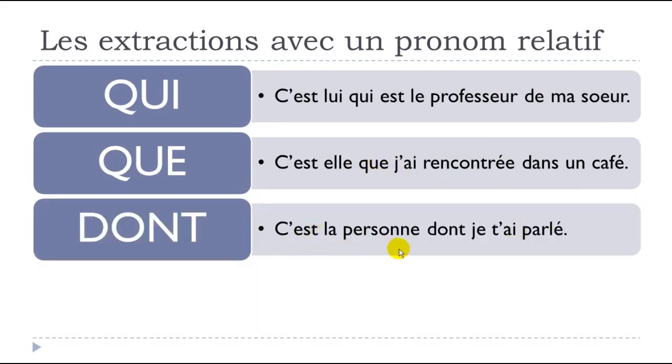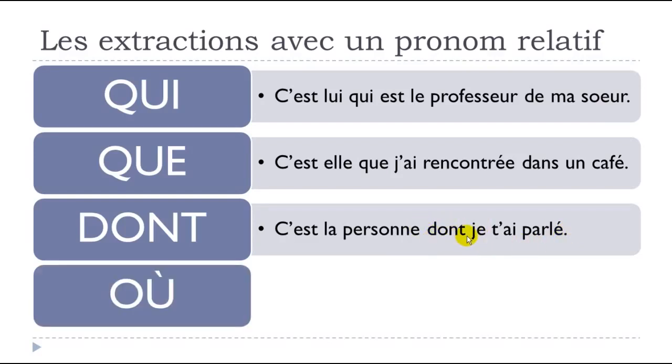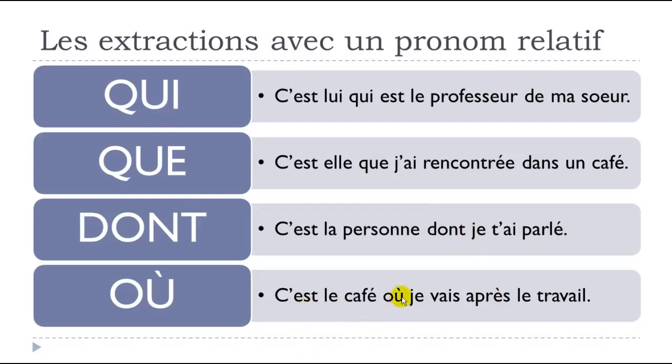Dont, just because you introduce, remember, parler de cette personne. So le complément is introduced by the preposition de. In that case you put your pronom relatif dont. And the last one, c'est le café où, just because it's a place, je vais après le travail.